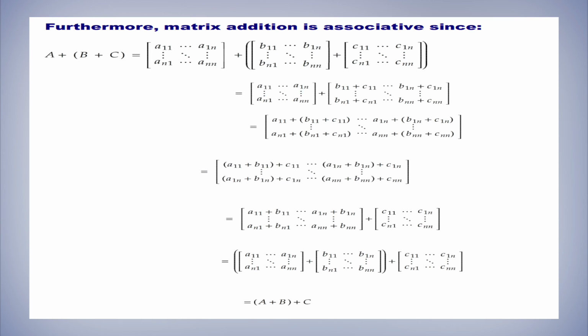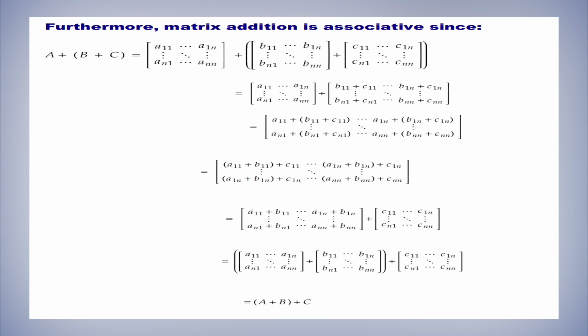So the result will be, already we are having A as it will be there: A11, A12 and so on A1n, AN1, AN2 and so on ANN. Now we are going to add B plus C. The result is B11 plus C11, B12 plus C12 and so on B1n plus C1n, like BN1 plus CN1, BN2 plus CN2 and so on BNN plus CNN.